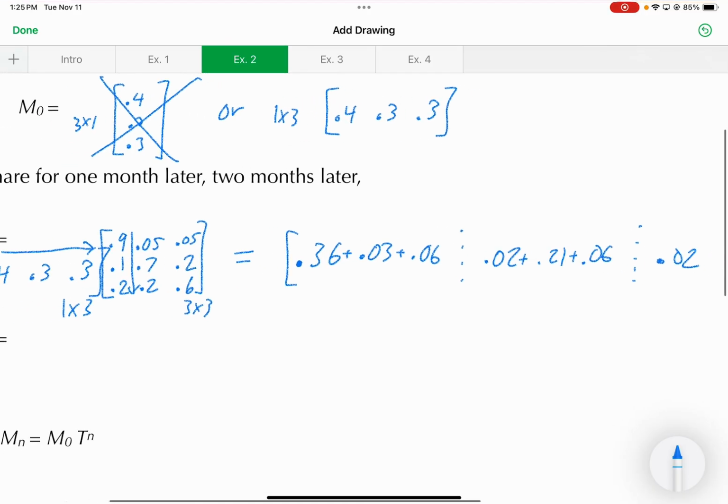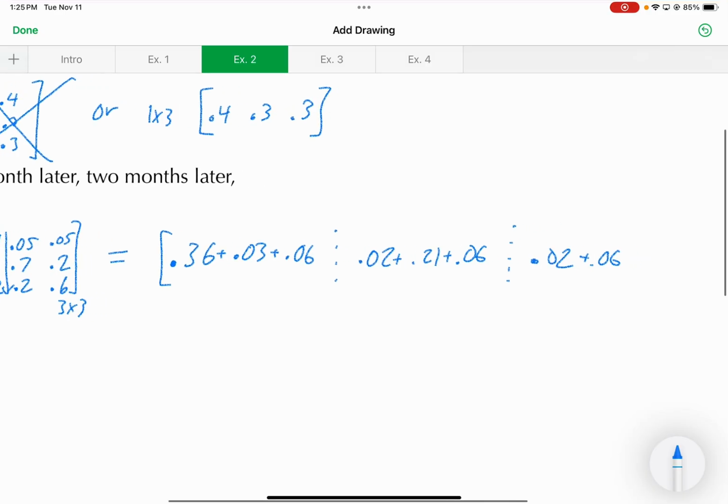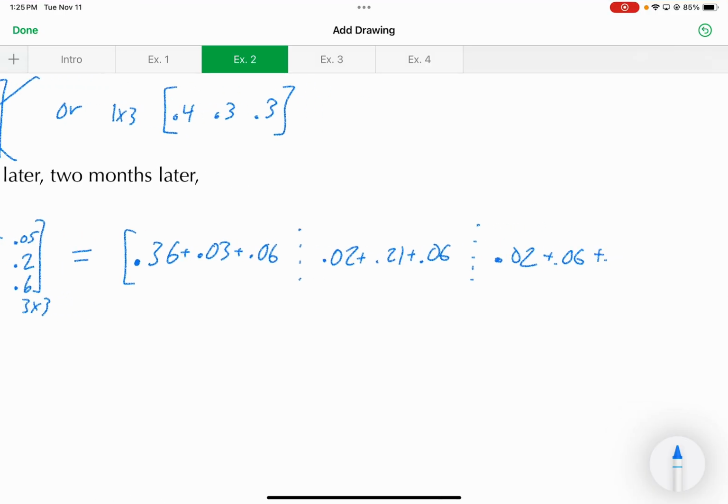And then 0.3 times 0.2 would be plus 0.06, and then 0.3 times 0.6 would be 0.18, I believe. I hope that's right. Okay, and then let's add all these values together and see what we get.